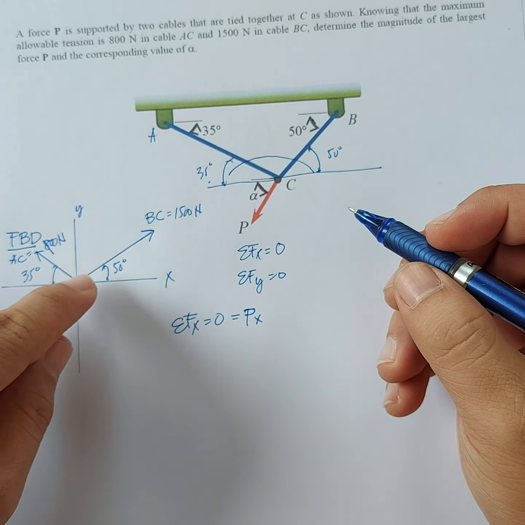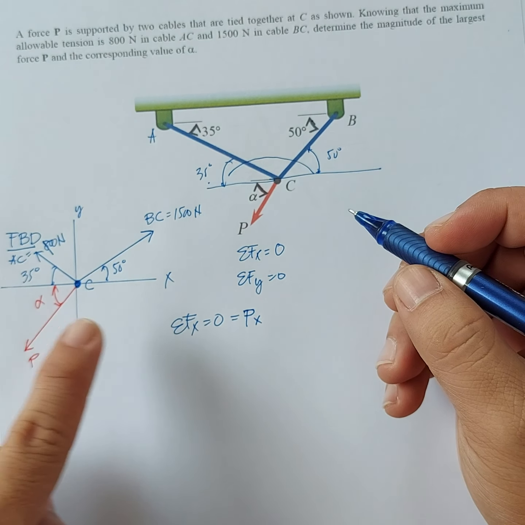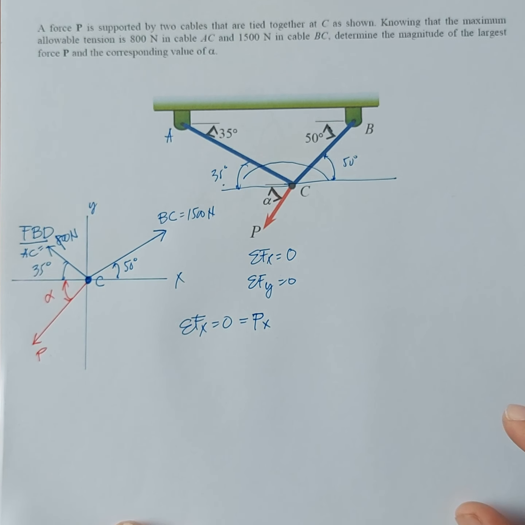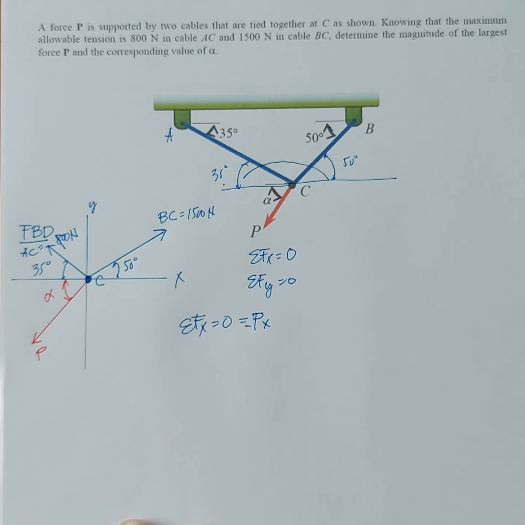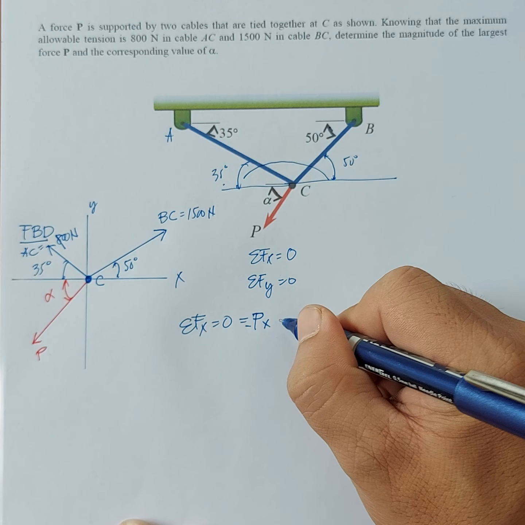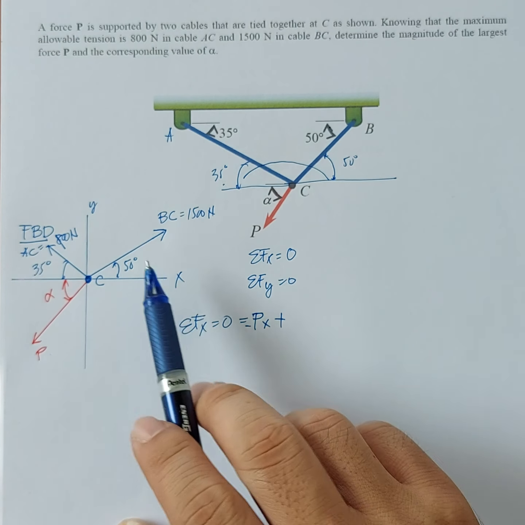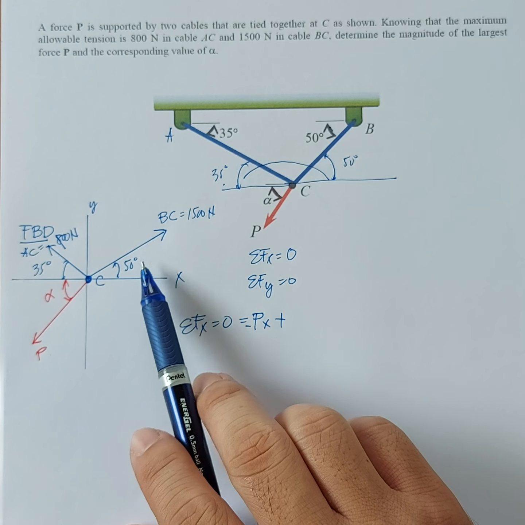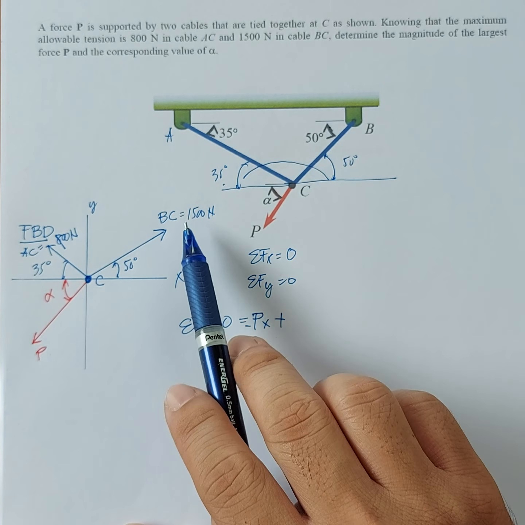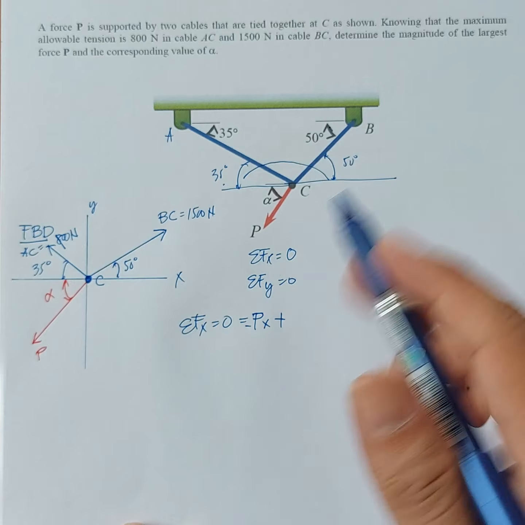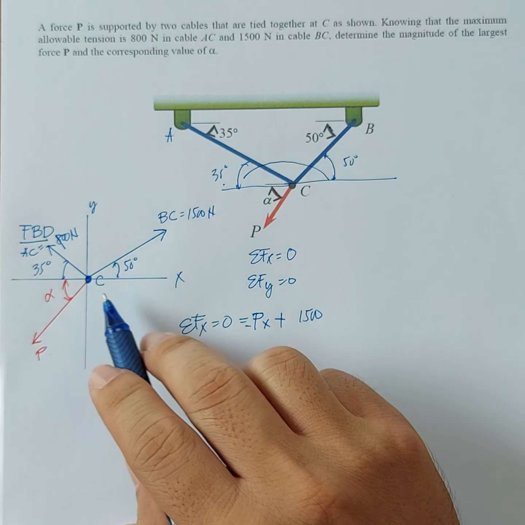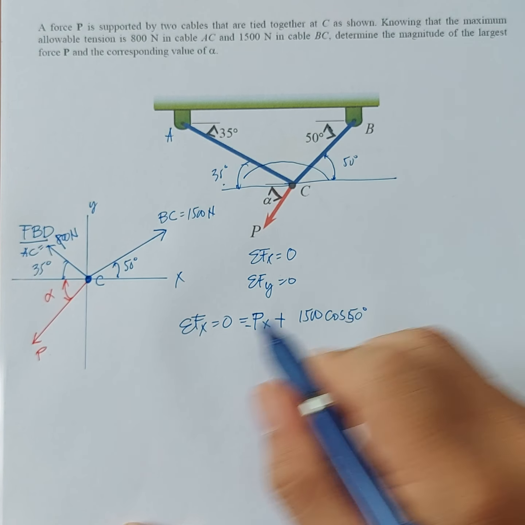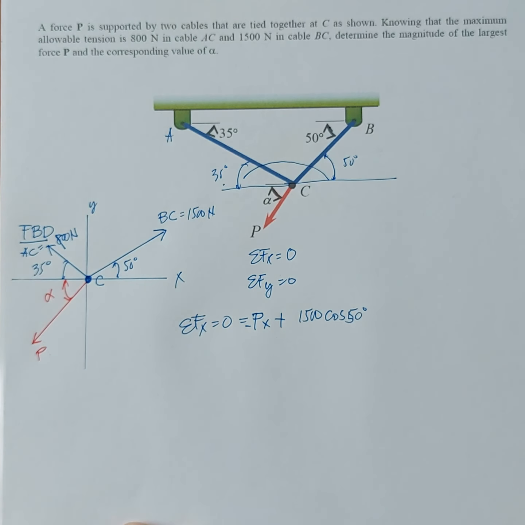Ang direction niya is to the left, which means negative. So negative PX plus cable BC natin. Force BC is 1,500, x component niya, adjacent side, cosine of 50 degrees. Positive siya since to the left yung component.